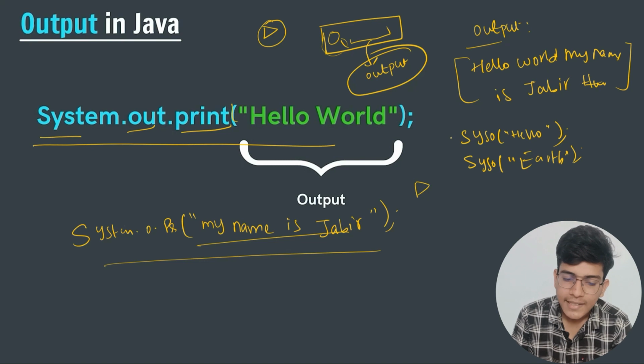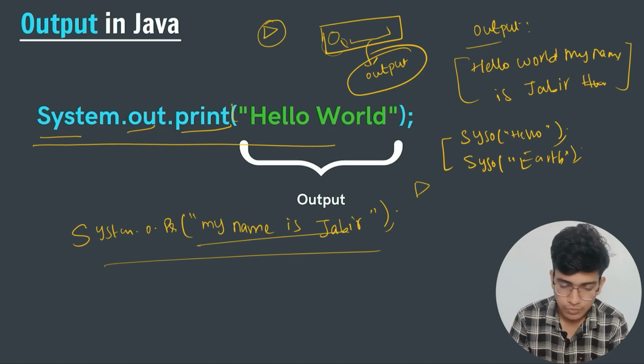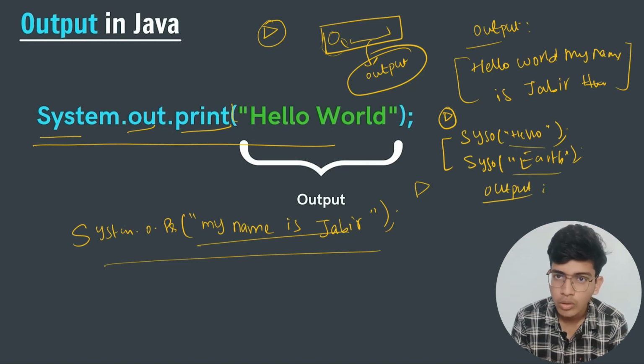Now I want these two in two different lines. How can we do that? When I run this code, I will get hello earth in a single line, with no space in between.